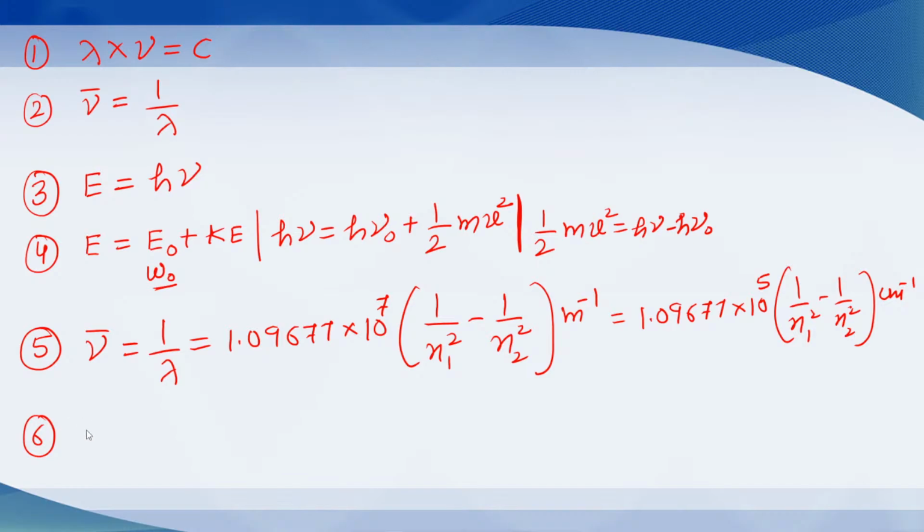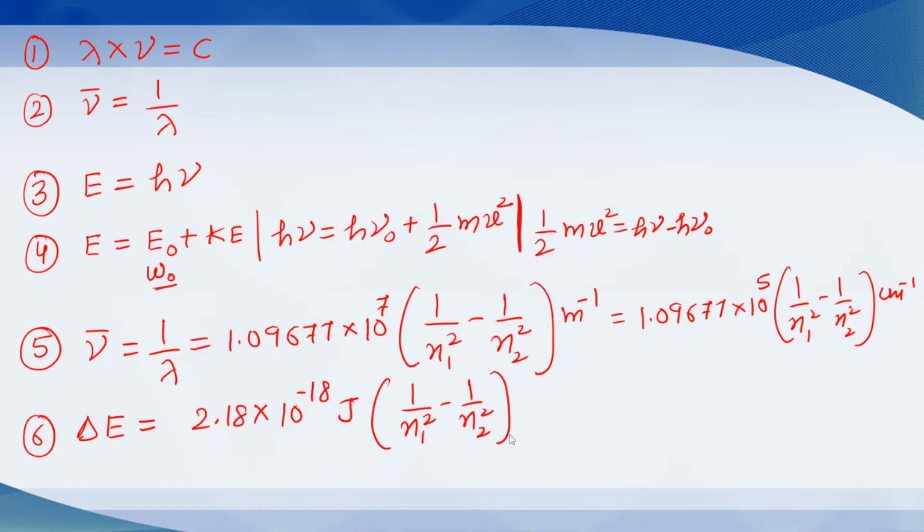Then delta E, energy absorbed or emitted, that is equal to 2.18 into 10 raised to power minus 18 joule into 1 upon n1 square minus 1 upon n2 square.